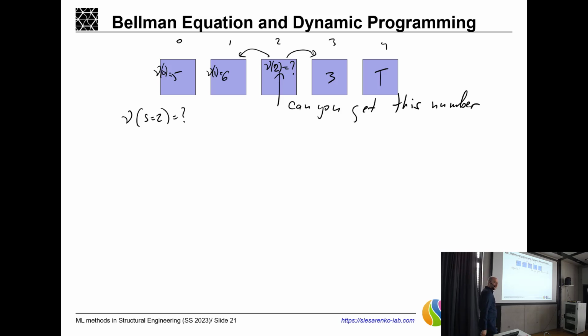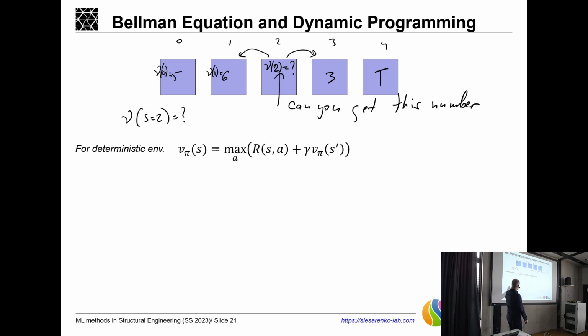Can we find it? And there is an absolutely amazing theorem called the Bellman equation that says, yes, by knowing where we can move, we can get the value of this particular state. For the deterministic environment, it's actually quite simple. For the specific policy, it's the maximum over the actions of the reward that you get immediately, R(S,A).